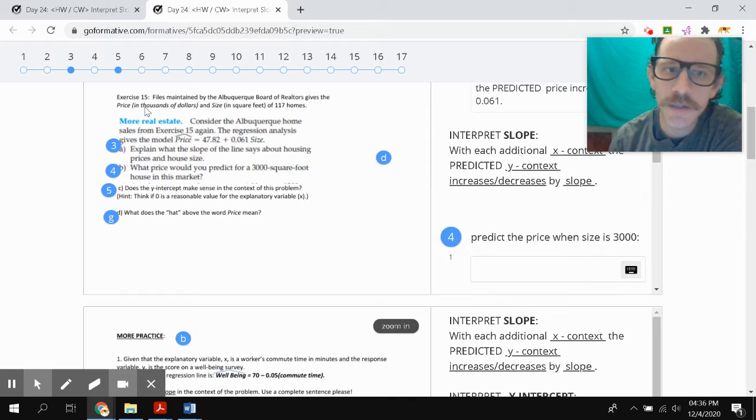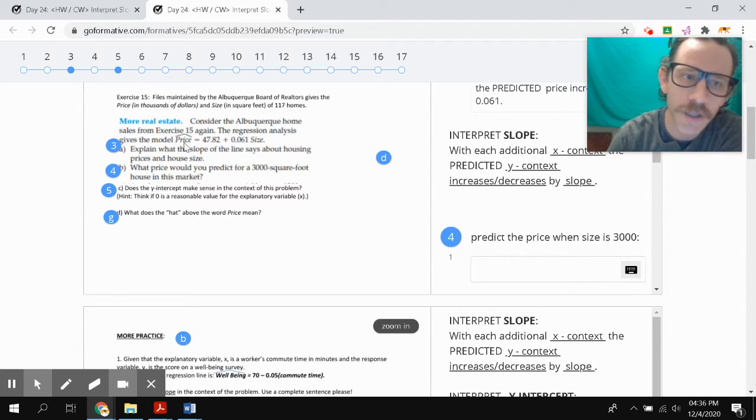First, the problem is talking about looking at prices of real estate, comparing it to the home size here. And the great thing about these problems is that the equation of the best fit line has the context already in it.